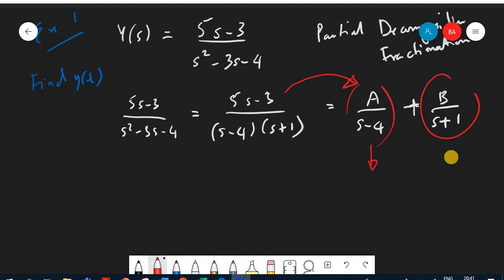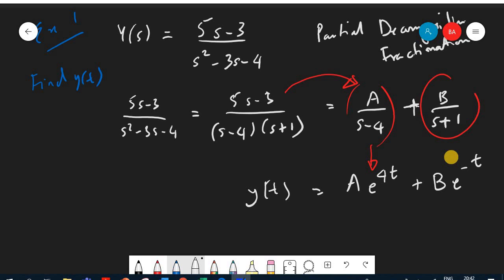Yes, definitely. This is a into e to the power 4t plus b e to the power minus t. So as you can see here, we can get our answer directly.